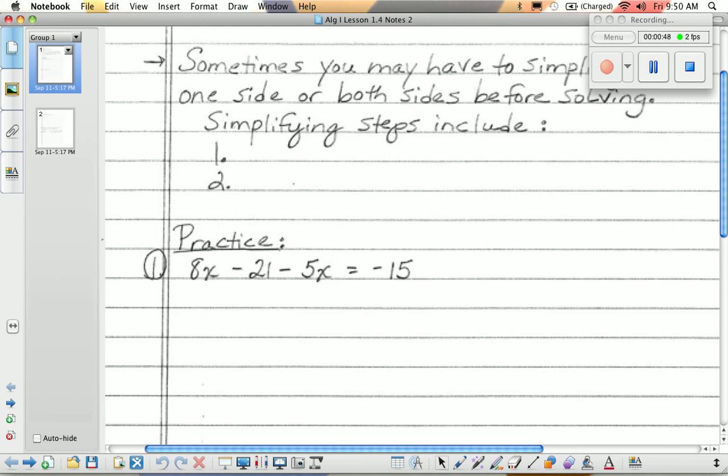The simplifying steps include, and there's no special order to this, combining like terms, so you're looking on the sides of the equation to see, are there any like terms that I can put together first before I start trying to solve this? And or distributive property.